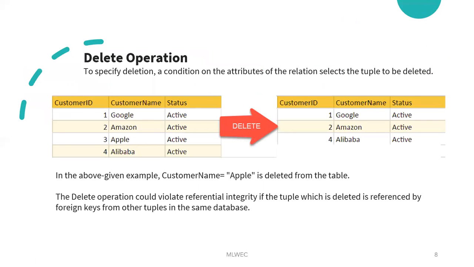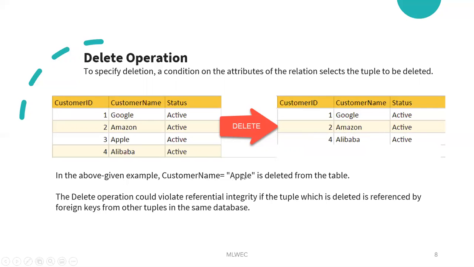And the delete operation: if you want to permanently delete a particular row of data, we can use the delete operation. Initially the table has 4 values. After performing the delete operation, the third row is deleted. Here we are specifying customer name equal to Apple. That attribute name is customer name, and the name must be Apple.